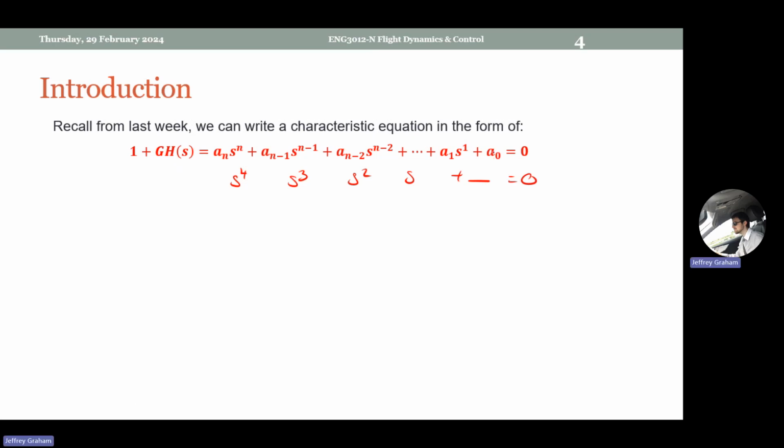Like this is what this represents. A naught being the constants, power 1 with the coefficients, power 2 with the coefficient, power 3, power 4. Quite often you might get numbers involved like that.